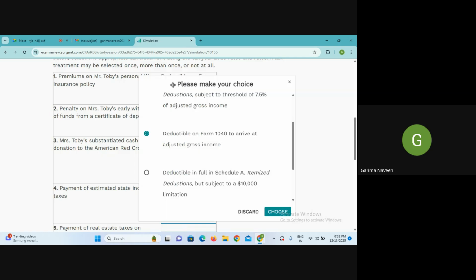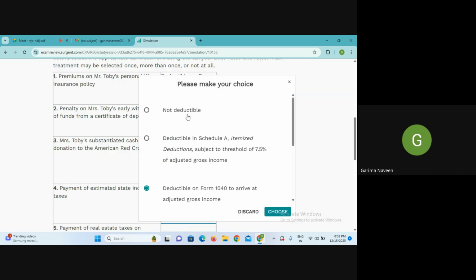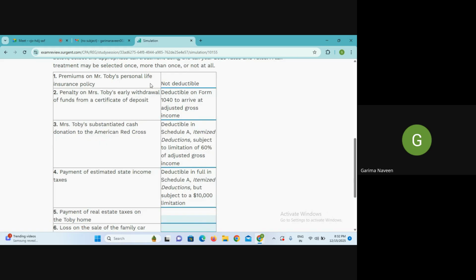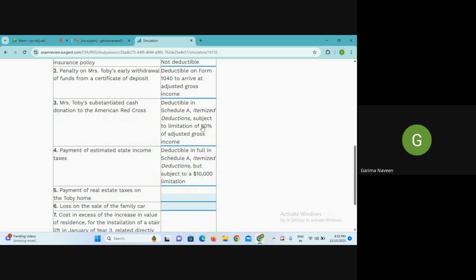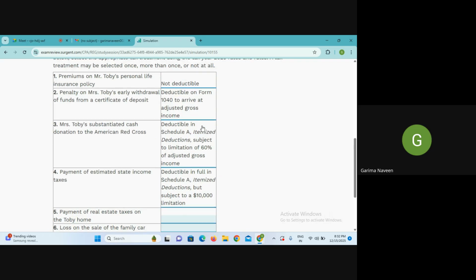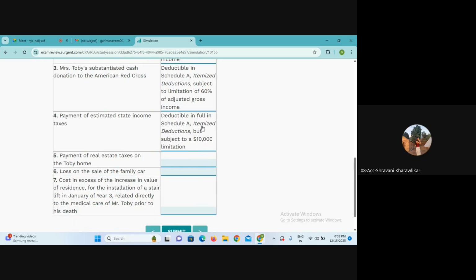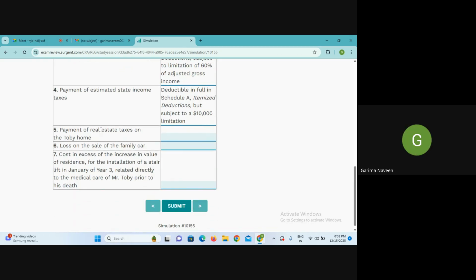And premiums paid on life insurance policies are non-deductible. Similarly, if you get any proceeds from a life insurance policy, then it will not be taxable. Okay. Yes, ma'am. Next is payment of real estate tax on Toby's home.